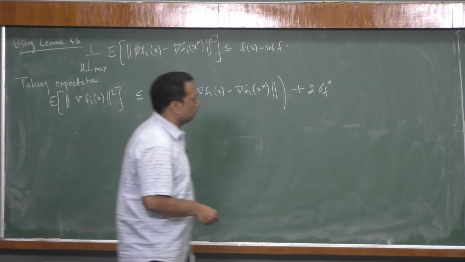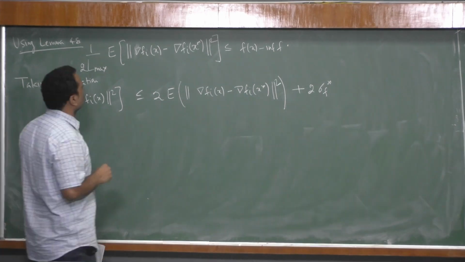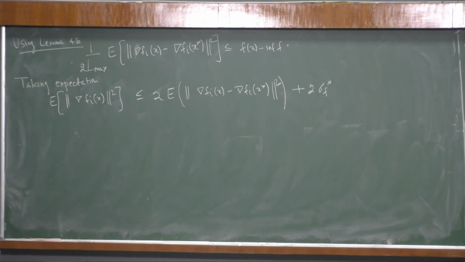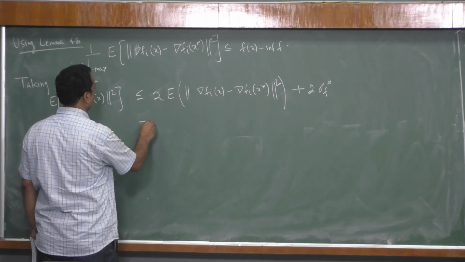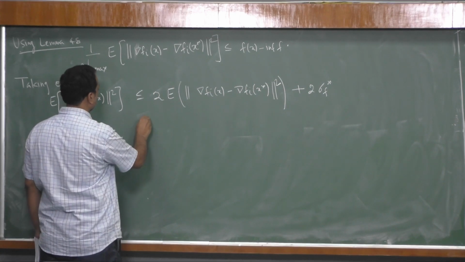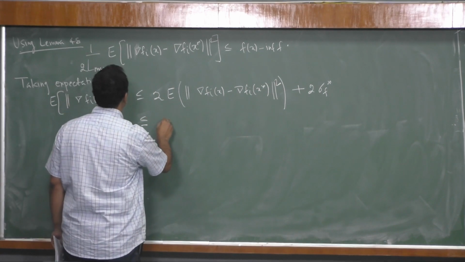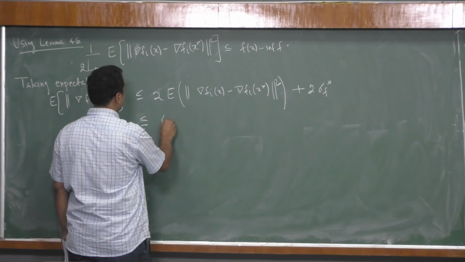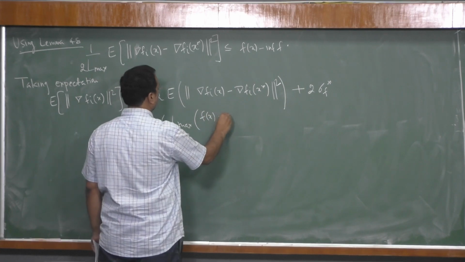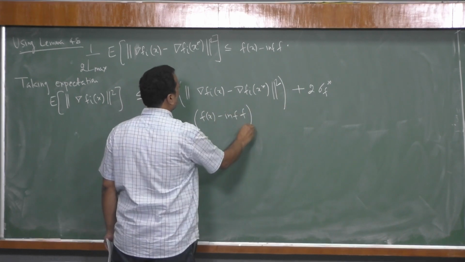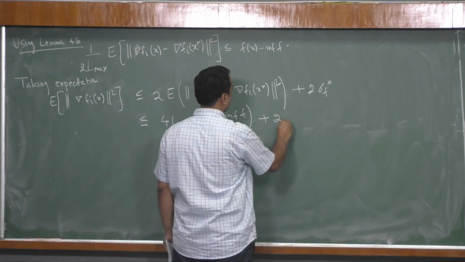With this lemma, it's straightforward that we get L max (f(x) minus infimum of f). So from here onward, it's still less than or equal to 4 L max (f(x) minus infimum of f) plus 2 sigma f star.